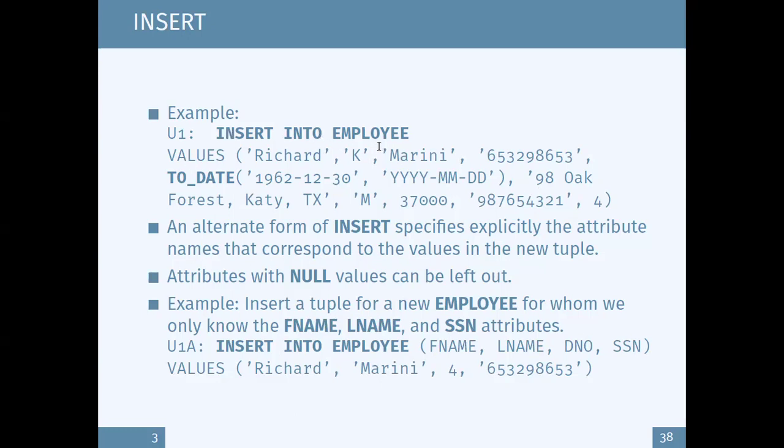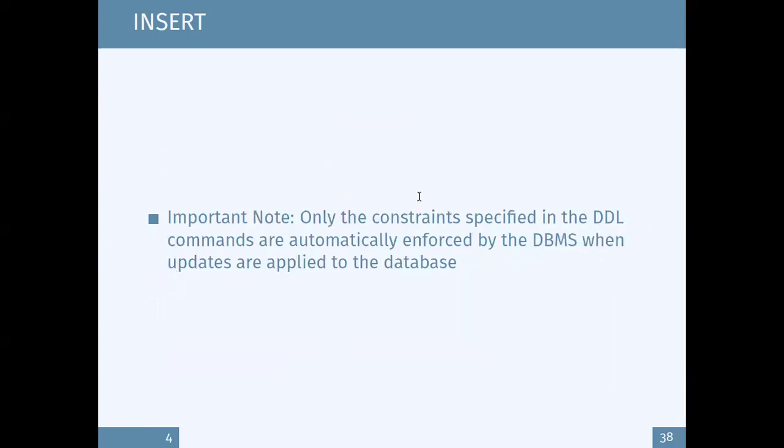That is one way to provide an insert command. The second way is if you give only several attributes, you can specify those attributes here and provide the related values. So those are the two types of insert statement that you can implement.